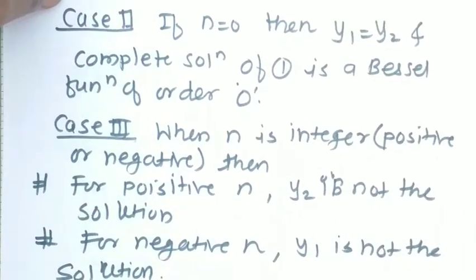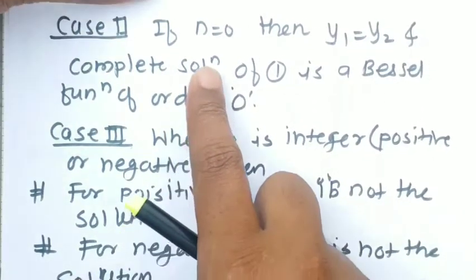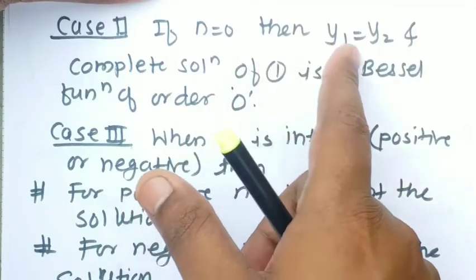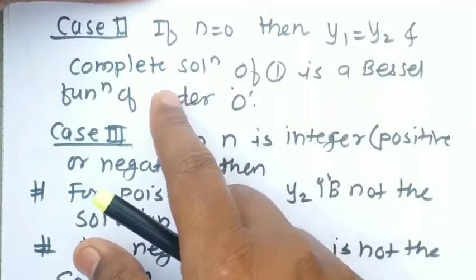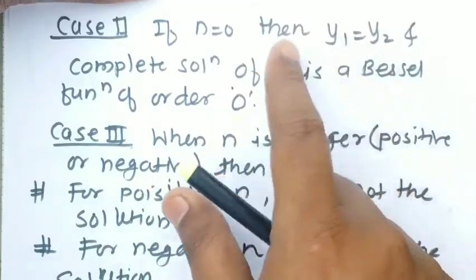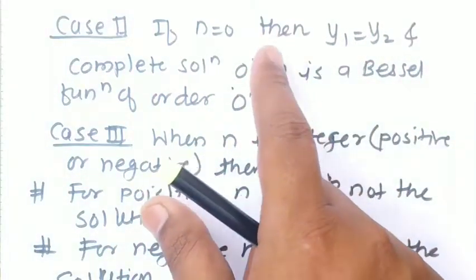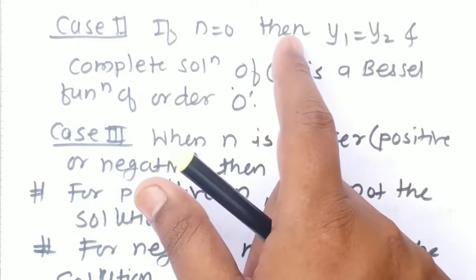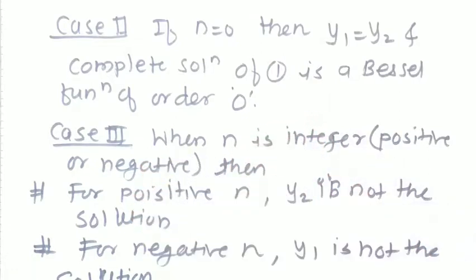The remaining cases: case number 2 is if n is 0 in the differential equation. Then y1 equals y2, and we get repeated roots, and for that you can apply the previously discussed Frobenius method to determine the solution.